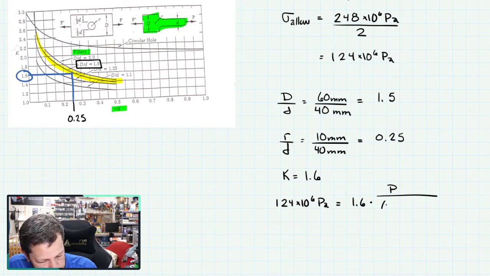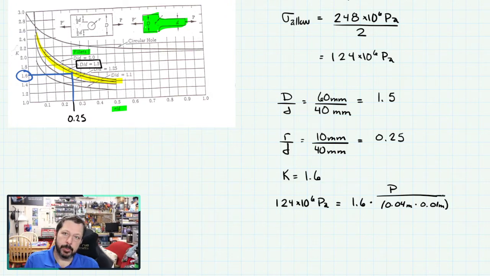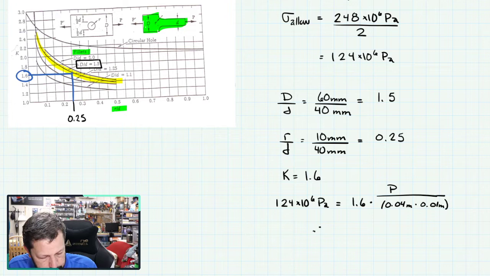So 0.04 meters times 0.01 meters. And the only unknown in that equation will be P, and we should be able to solve for it.